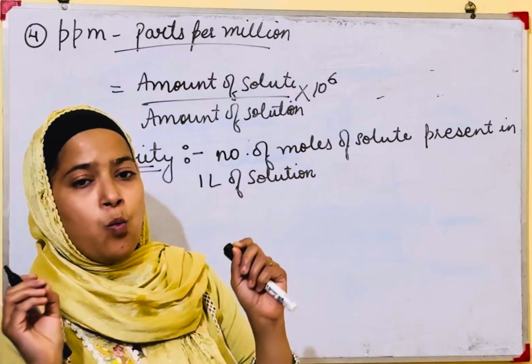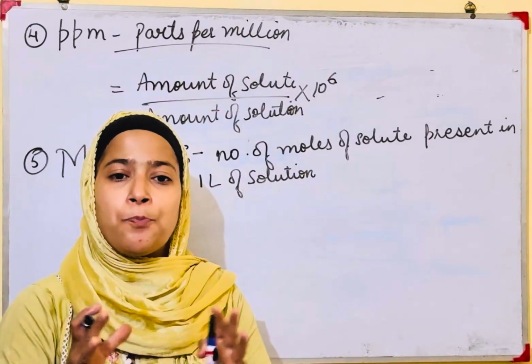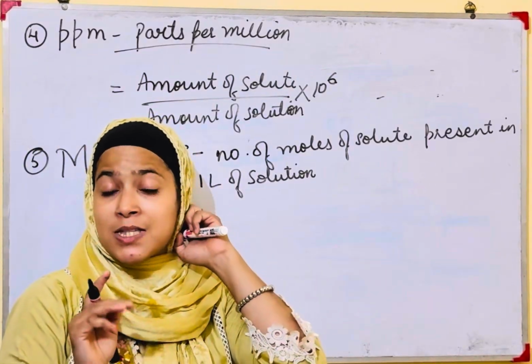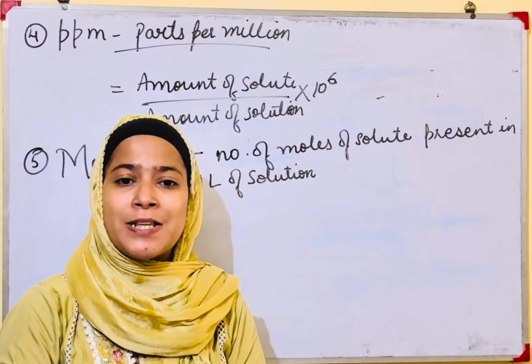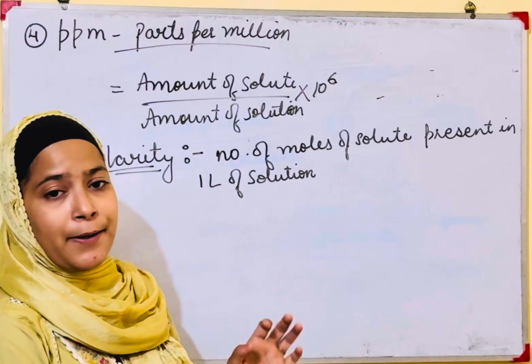Molarity means how many moles are present in 1 liter of solution. Means there is a solution which is 1 liter, and the number of moles present in it is called molarity.